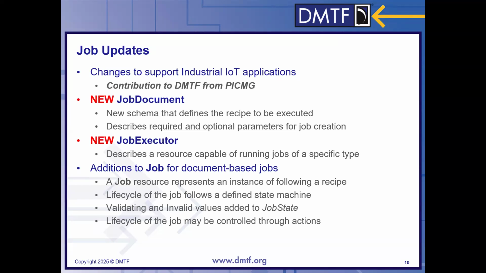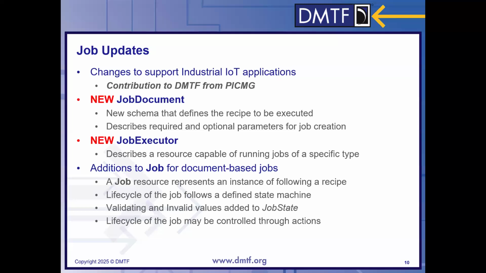Job executor describes who in the factory is carrying out the operation. So you might have a server inside of the factory that is overseeing the motions of all the pieces of equipment, and they may be capable of performing certain types of jobs based on what their capabilities are.